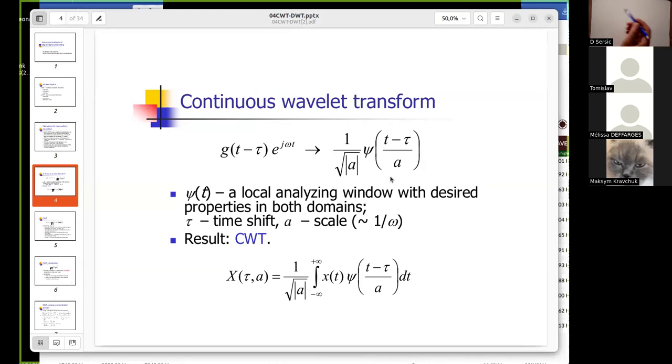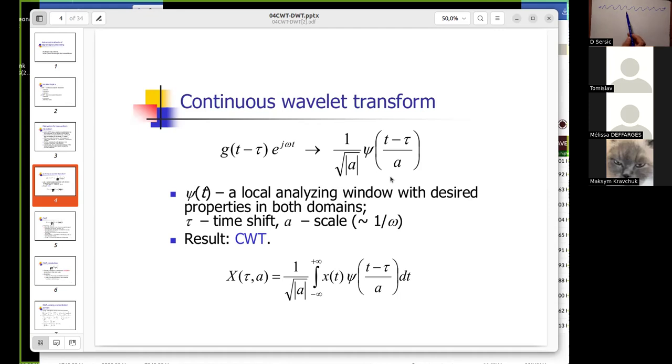E to the j omega was cosine and sine, so something that lasts forever. Maybe we don't need such a wave that lasts forever. We don't need the big wave that started at the beginning of the universe and ends up at the end of the universe.